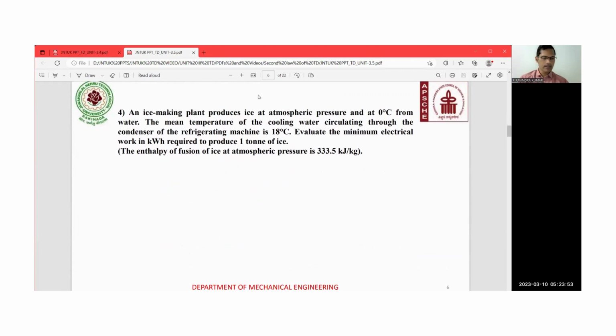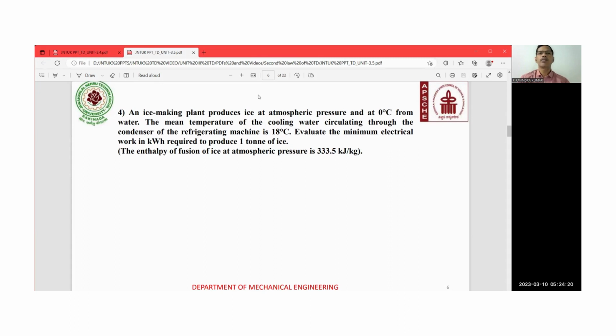So the next one is: an ice making plant produces ice at atmospheric pressure and at 0 degree centigrade from water.